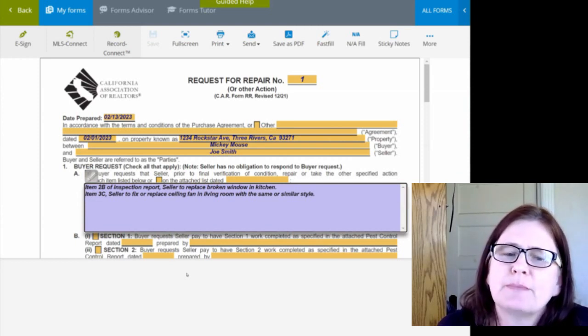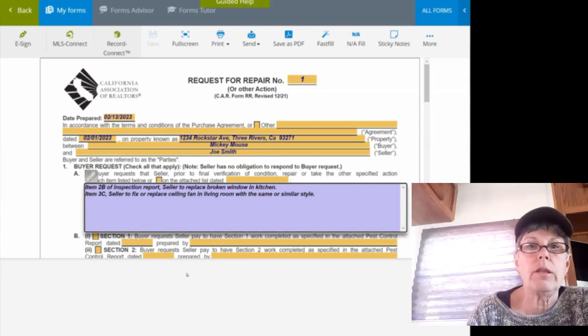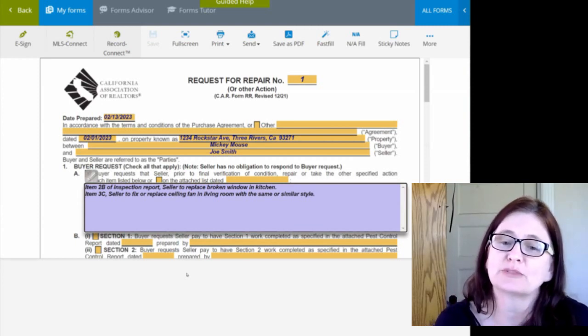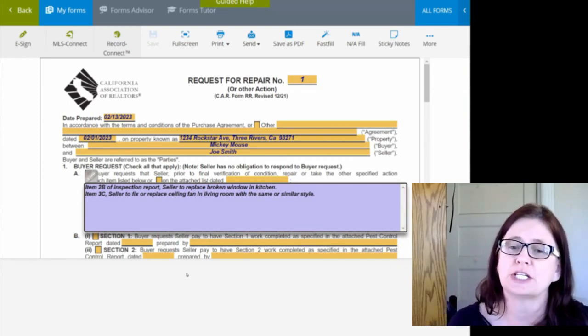So the buyer's going to replace it and fix it before we close escrow. No, because if escrow falls out, they just bought the seller a new fan. Exactly. So there are scenarios where things will come up and buyers are like, okay, let me just do that.